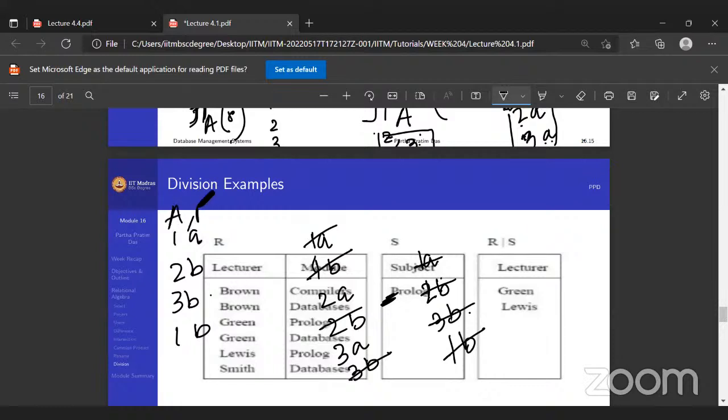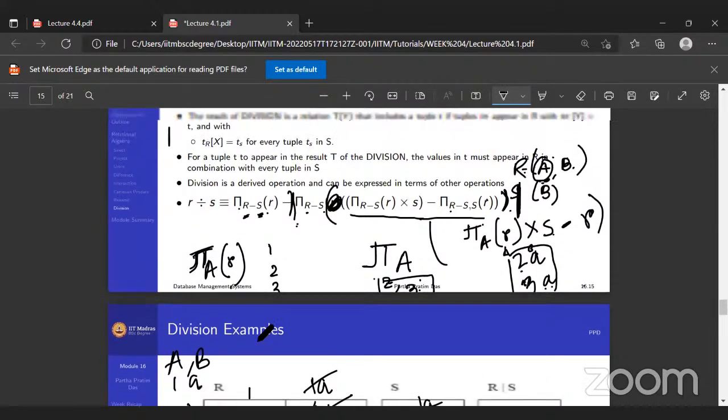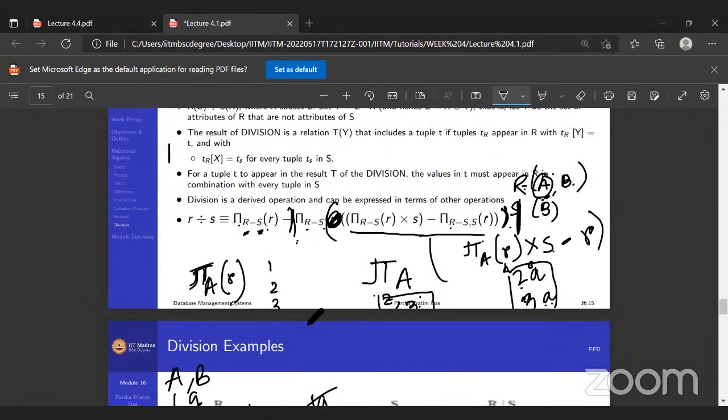If we select pi A from R, we will get 1, 2, 3.